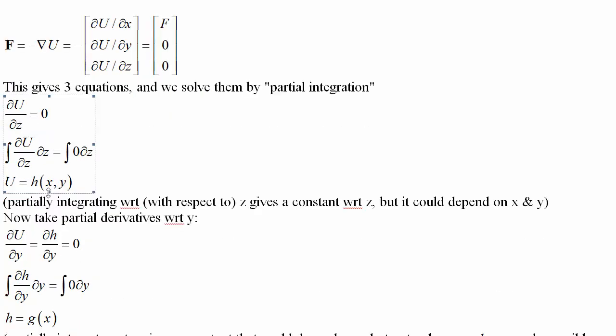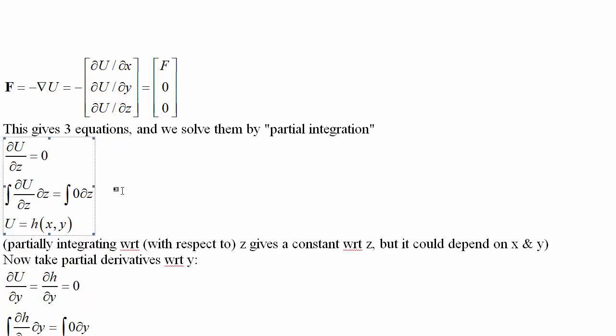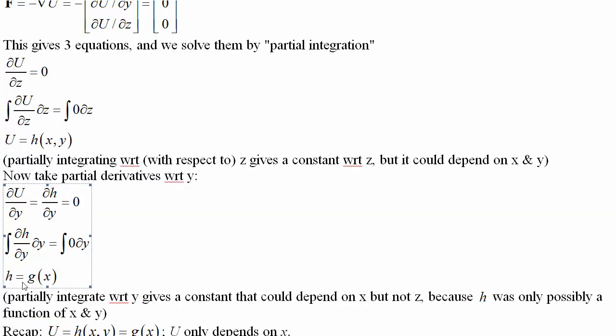All right, now let's look at the second equation here. We've got negative del u by del y equals 0, so we'll take the partial derivative of the u that we found so far, del h by del y, and set it equal to 0. Then we can integrate that partially with respect to y, and that gives us a constant that could depend on the other variables.